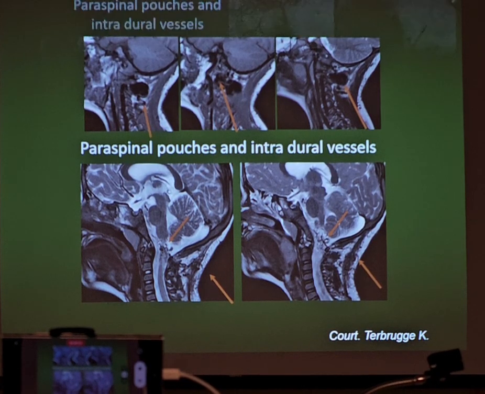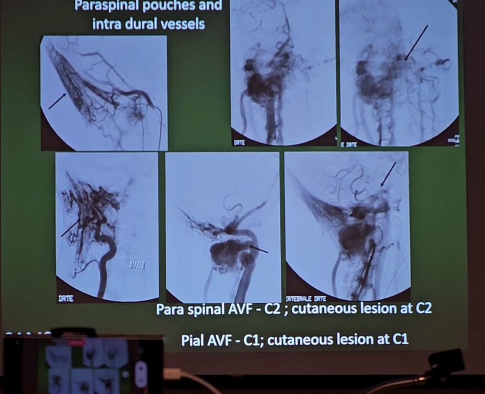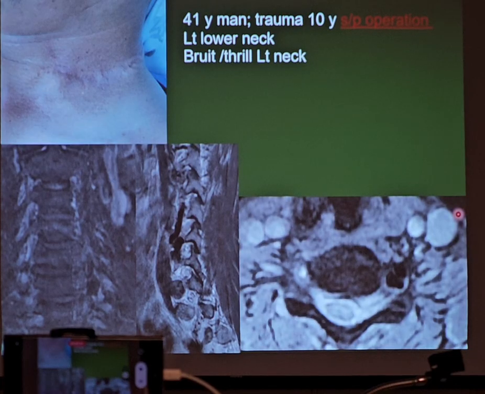Try to combine everything into one disease, and to combine that, it comes to your mind that it's metameric lesions, that one can be the fistula with the venous pouch and another one can be the malformation that associates in the same metameric disease, and this is the skin of the lesion.